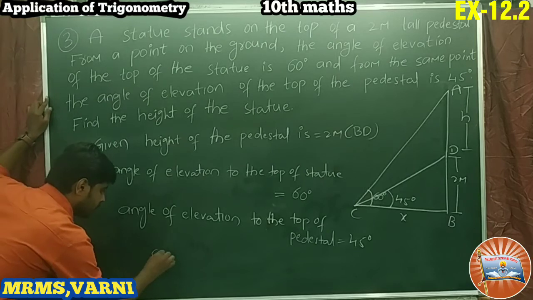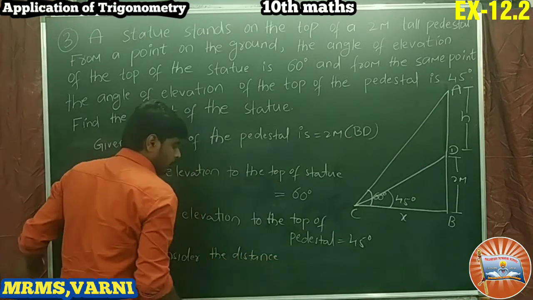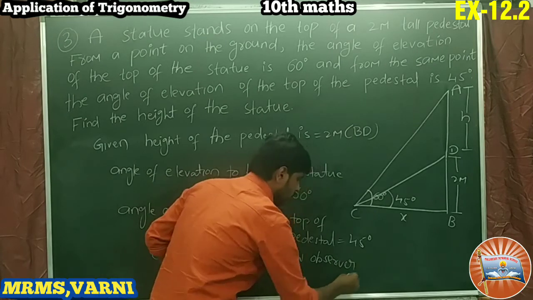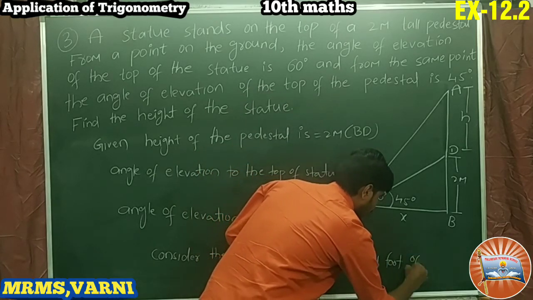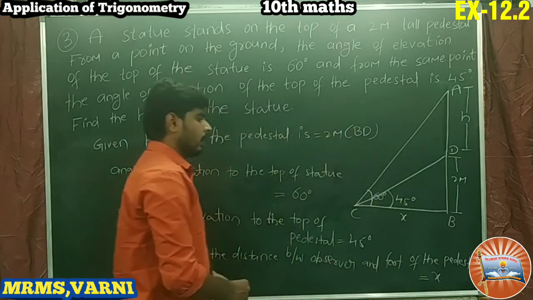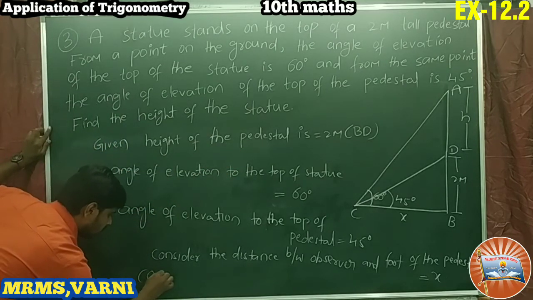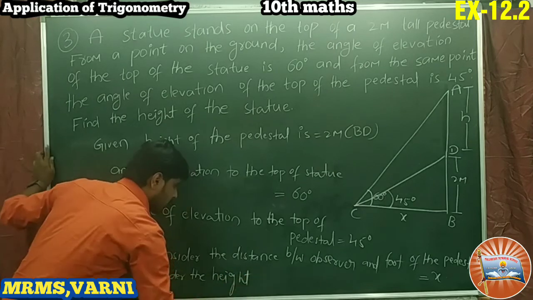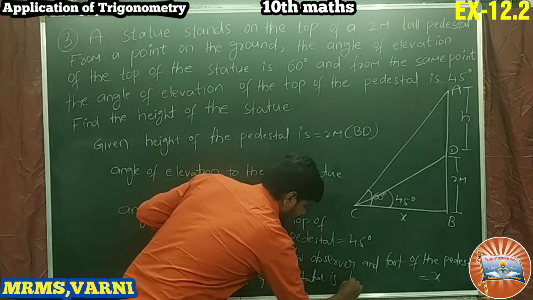Consider the distance between the observer and the foot of the pedestal as x, as well as the height of the statue as h.